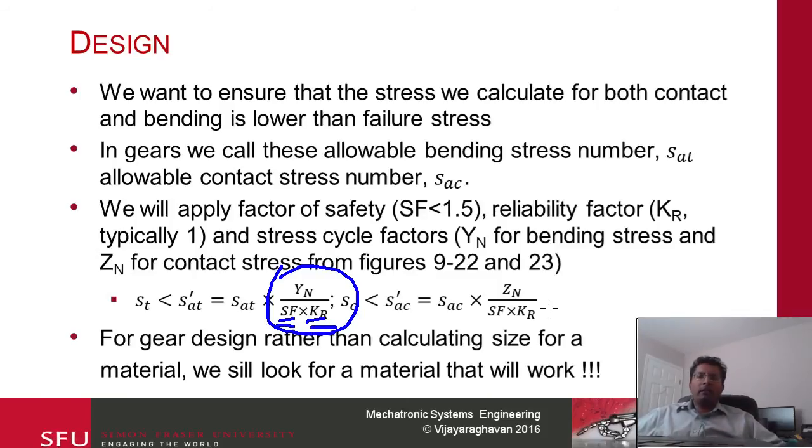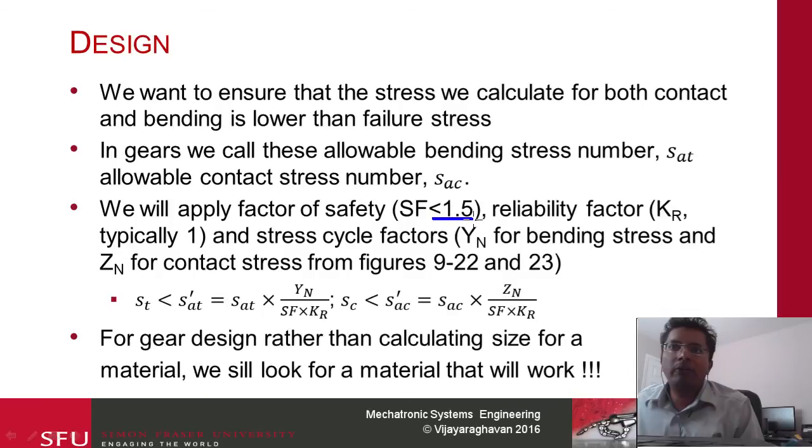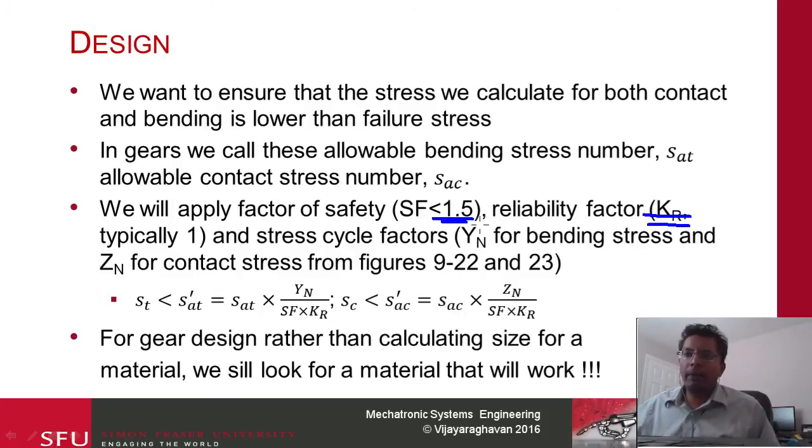Because we already made things very safe in gear design, you're going to use a typical safety factor, which is basically 1.5. And then for the reliability factor, we can use KR as 1, because we've already incorporated the cycling effect into this calculation.